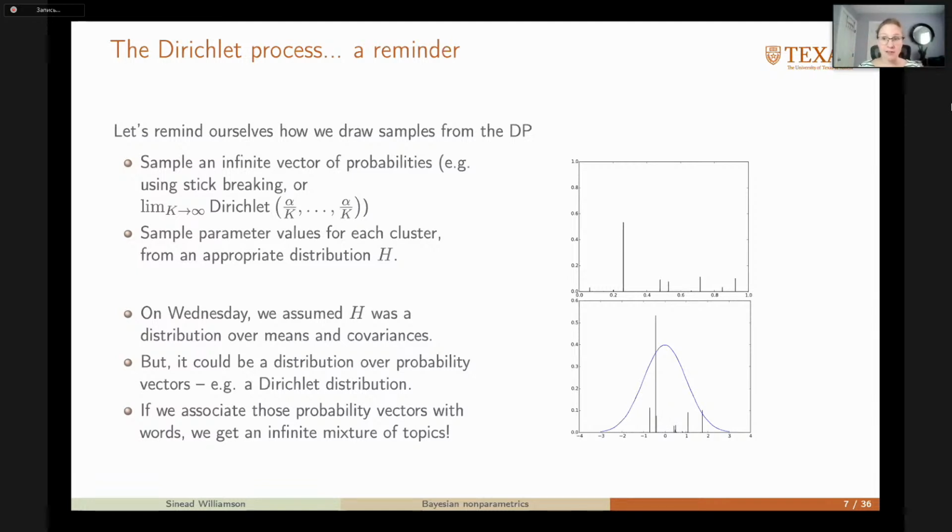We could either think of the infinite limit of a finite Dirichlet, we could use our stick breaking process, or we could do this implicitly using the Chinese restaurant process or one of those schemes. Whatever way, we end up with a set of cluster probabilities. And then for each of those cluster probabilities, we sampled an associated cluster parameter from some distribution over parameters.